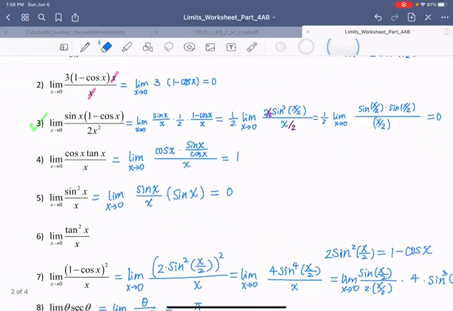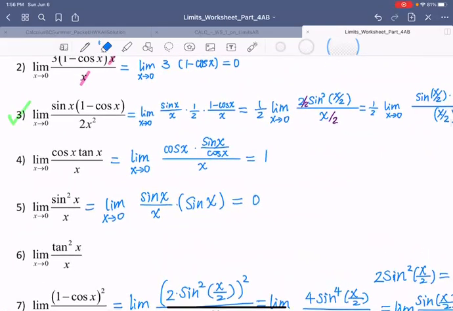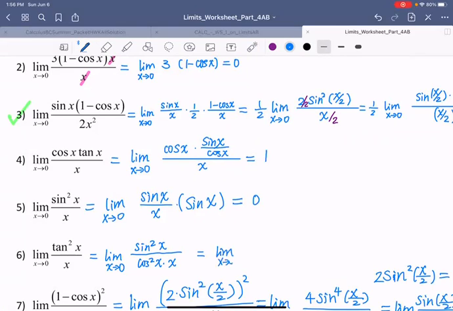Okay. So for number 6, tangent squared x is sine squared x over cosine squared x, I think. And then it's that times 1 over x from the denominator. And then sine x over x, as we've established, is 1.